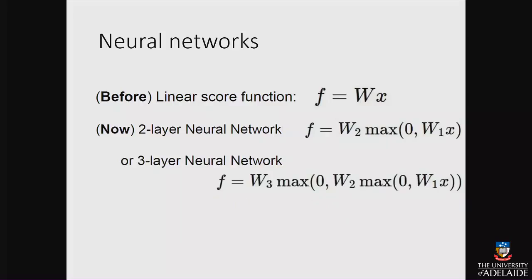And so on, the three-layer neural network is like this. We have first W1x, the linear function, then max, nonlinear, W2, another linear, then another max, another nonlinear, then W3, another linear. So it's a stack of linear and nonlinear operations.